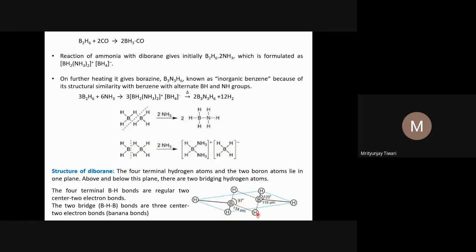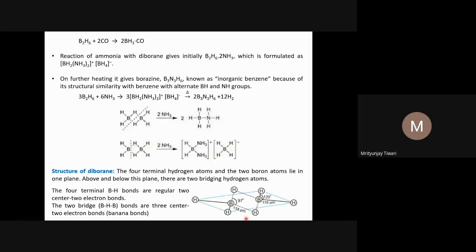However, because of the interaction, they will now be shifted out of the plane. One hydrogen atom will be above the plane and one below the plane; this hydrogen belongs to this boron, so it will be shifted above the plane, and this hydrogen belongs to this one, it is shifted below the plane.